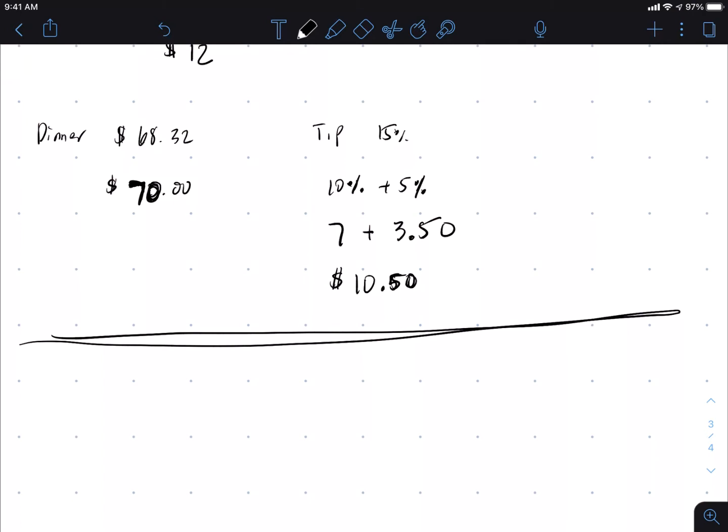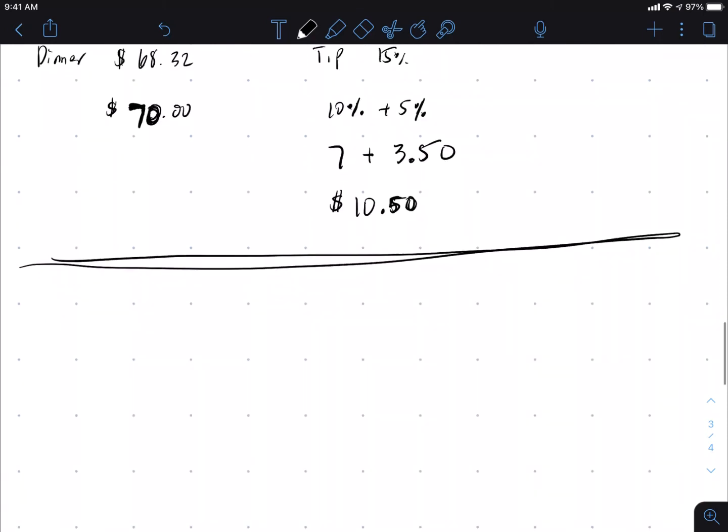I'll do one of these just to start, and then I'll do the multiplication one. And then we can go from there, okay? Okay, so this is kind of like what we were just doing with the 10%.